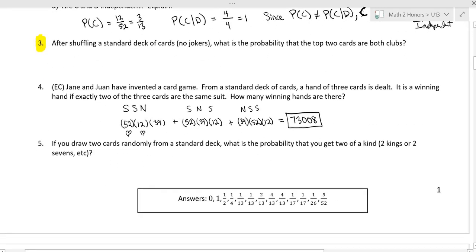Alright, number 5. If you draw 2 cards randomly from a standard deck, what's the probability that you get 2 of a kind? So 2 kings or 2 sevens, so on.